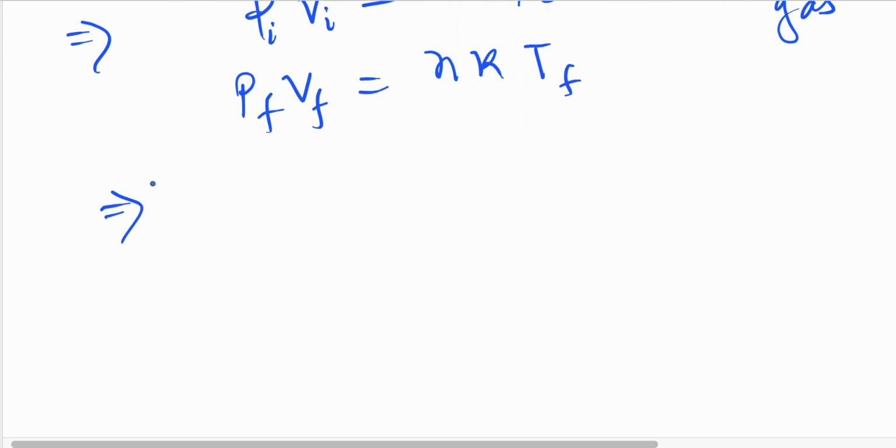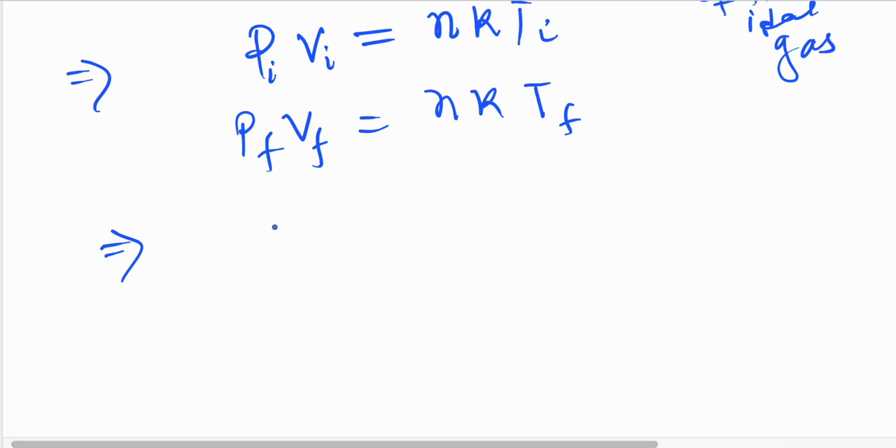So from here, since Ti equals Tf, Pi Vi equals Pf Vf.